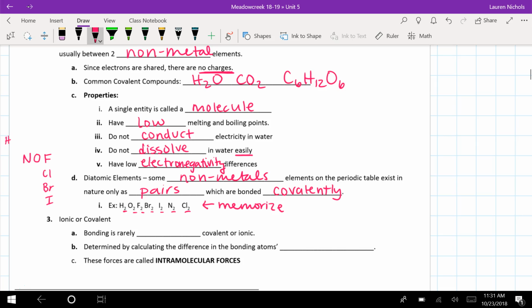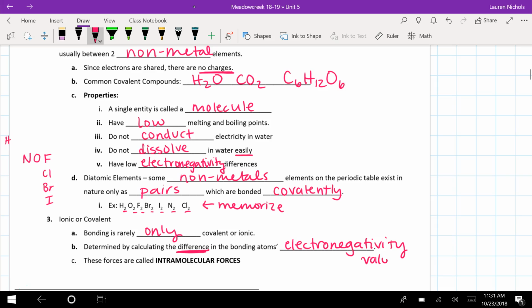With thinking about ionic versus covalent, bonding is rarely only covalent or ionic. Just like sometimes you can have something that's kind of red, kind of orange, you can have something that's kind of covalent, kind of ionic. It's a spectrum. It's determined by calculating the difference, so we're going to be subtracting the bonding atoms' electronegativity values.